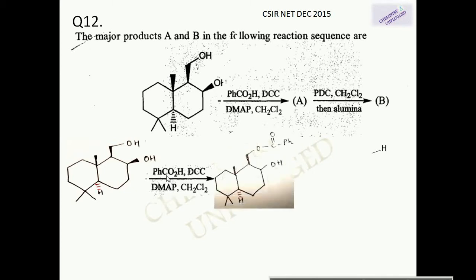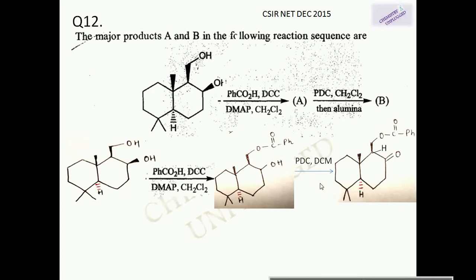So this PhCOO will attack on this OH group, and in the next step we are using pyridinium dichromate in DCM. It will convert this OH into a ketone. This is a secondary alcohol, so it will be converted into a ketone.